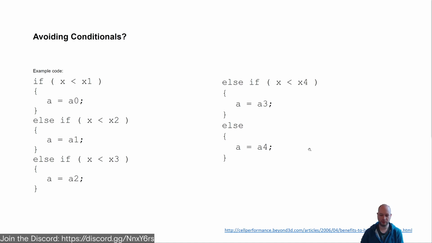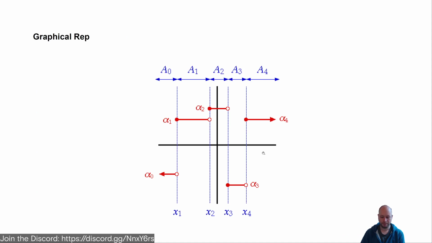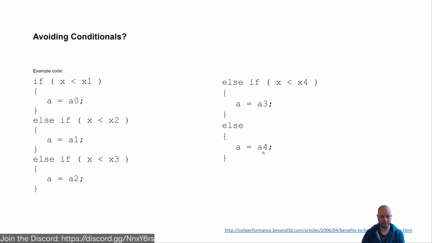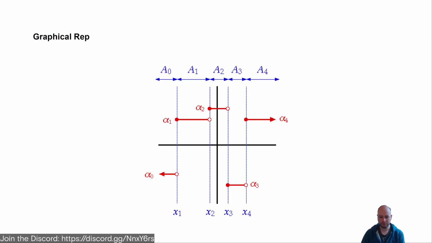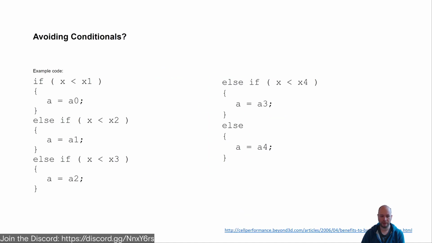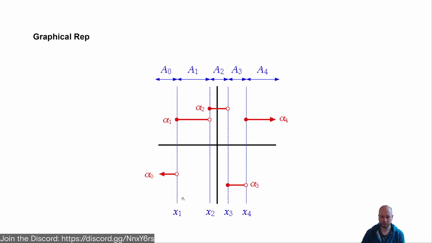Cool. Okay, so let's say we have this sort of not a nested, but a sequential, almost like a case switch statement kind of thing. In this case, we're literally comparing x to a particular set of values. The graphic representation here is, say x is less than x1, then we're going to be in a0. So if we're less than x1, we get a0.